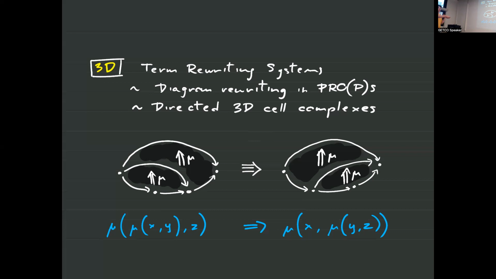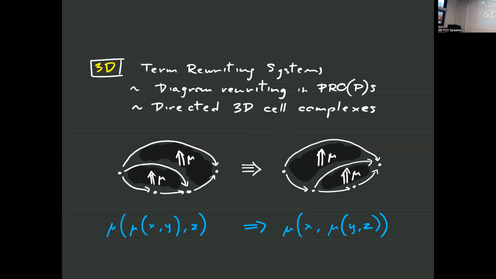And so what happens is that you end up embedding term rewriting as a rewriting of two-dimensional diagrams. So, for example, something that could show up in a presentation of the theory of groups or monoids, we have a multiplication, and we may have a presentation of the associativity rules, which tells us that multiplying x and y and then multiplying z can be rewritten to a multiplication of x by the multiplication of y and z.